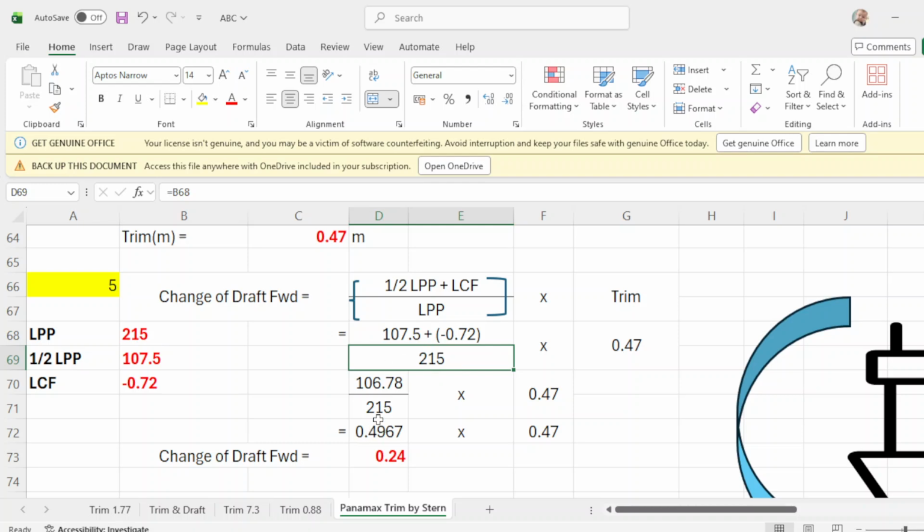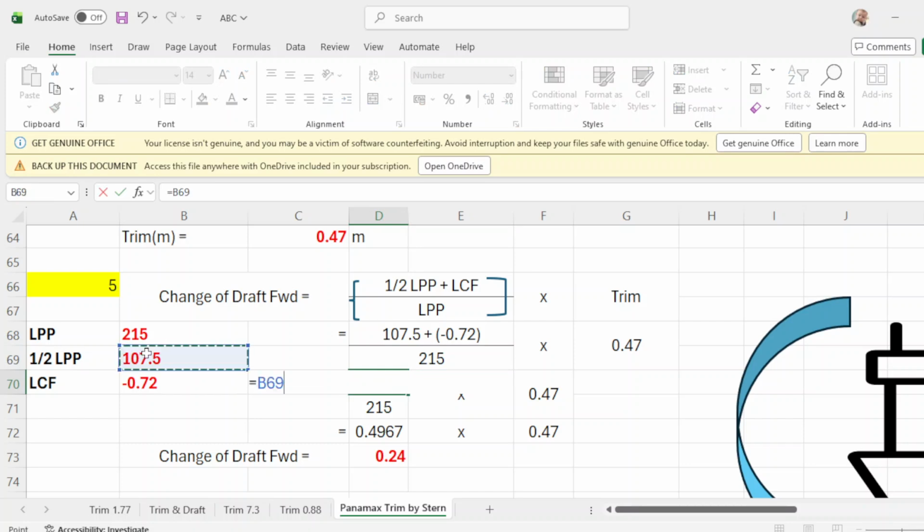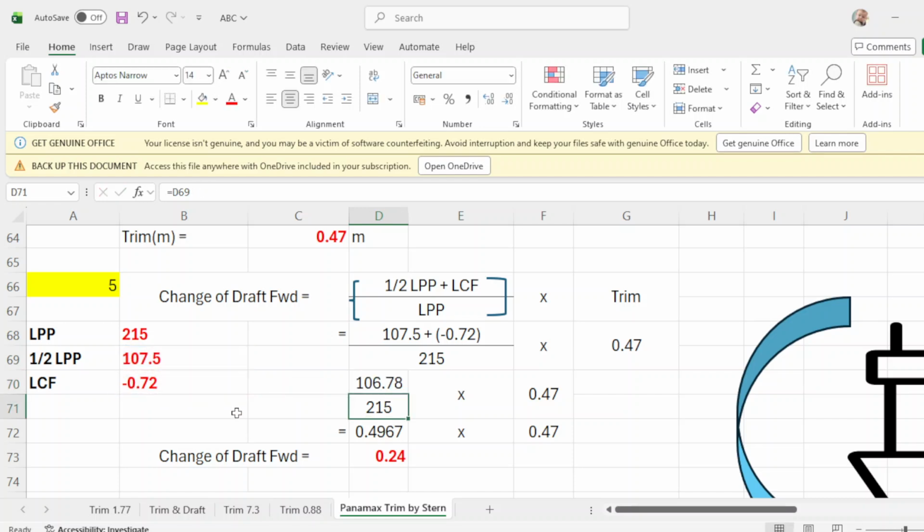So add this together. That will be equals 1/2 of LPP plus LCF, that will be 106.78. Divided with your LPP equals 0.4967, multiply with your trim.